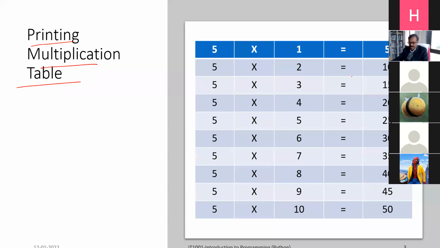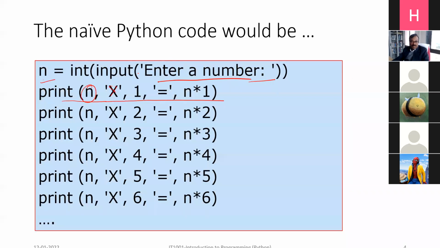Since we want to print in that specific format, this statement will allow us to print in this format: N cross 1 equal to, and then N into 1. And then N cross 2, which will be displayed, and then N into 2. Similarly, N cross 3, N cross 4, and obviously you will write it 10 times.